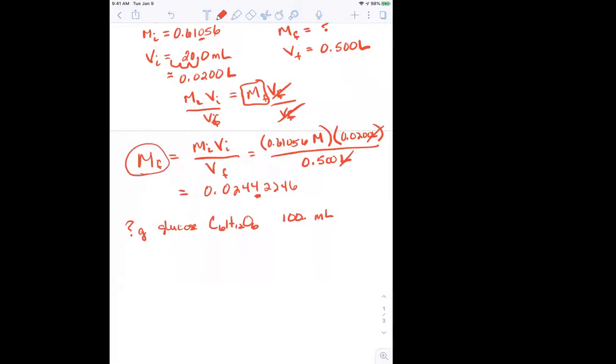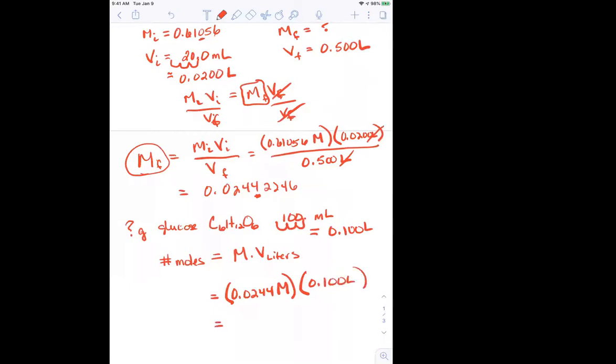So now, remember, my number of moles is equal to the molarity times the volume in liters. So I can calculate the moles of glucose by using this equation. So this is going to be 0.0244 molar times 0.100 liters, and I'm going to get moles.